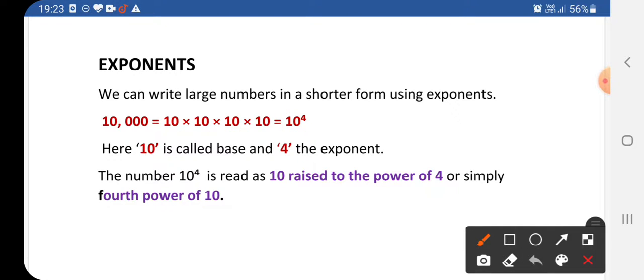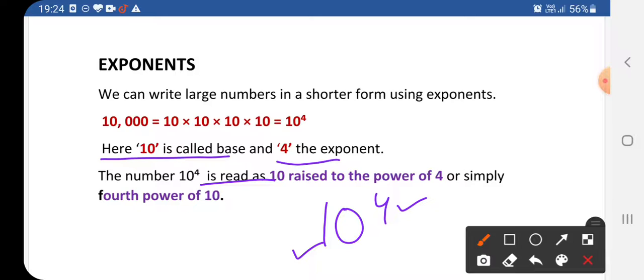Here, in 10 to the power 4, 10 is called base, 4 is called exponent. Exponent means simply the power. The number 10 to the power 4 is read as 10 raised to power 4, or simply fourth power of 10.